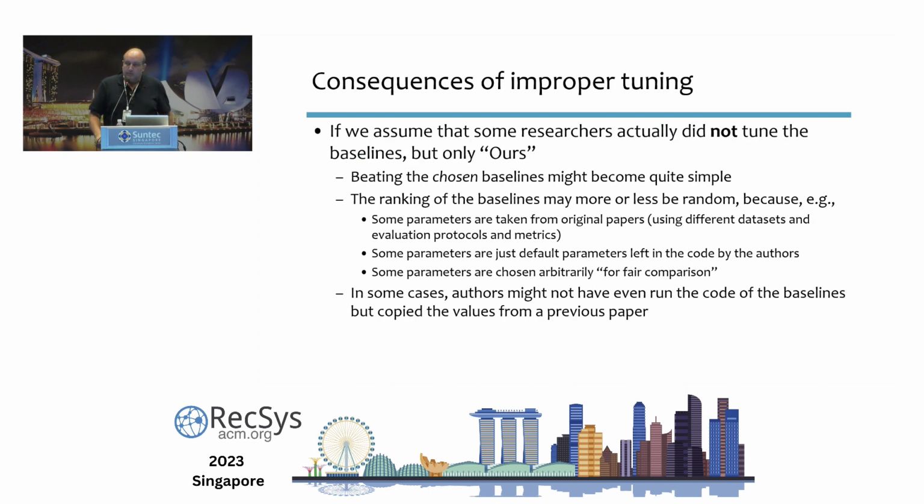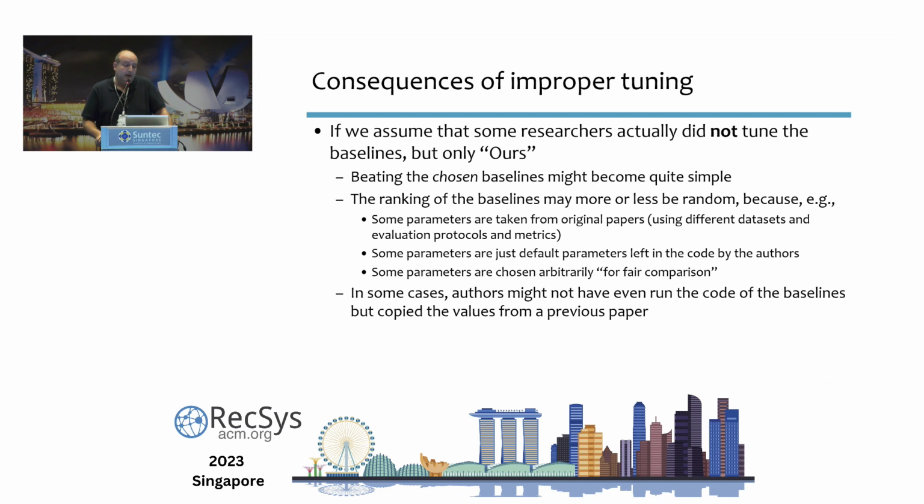So now if we assume that the researchers actually did not tune the baselines, which we cannot know, it's just not reported, then beating all the baselines becomes a very trivial problem, right? Because the ranking of the baselines and of ours, in the end, can be random, because some hyperparameters are taken from original papers that use entirely different data sets, some are maybe just default parameters which we found in the final GitHub version, and some parameters are chosen arbitrarily, I would say, for fair comparison.